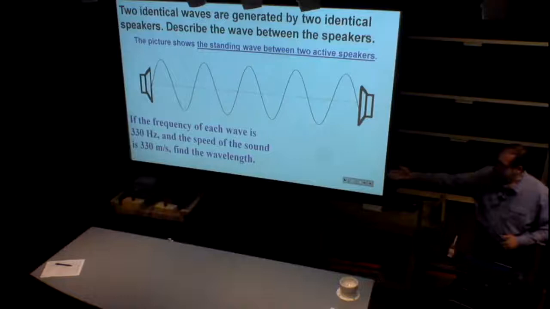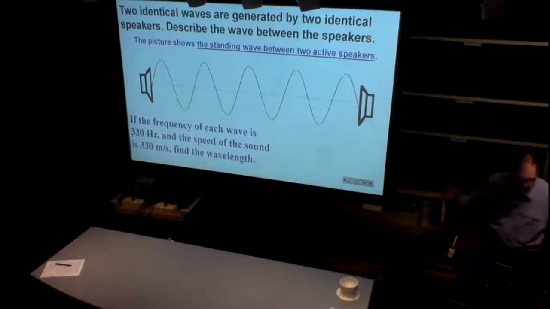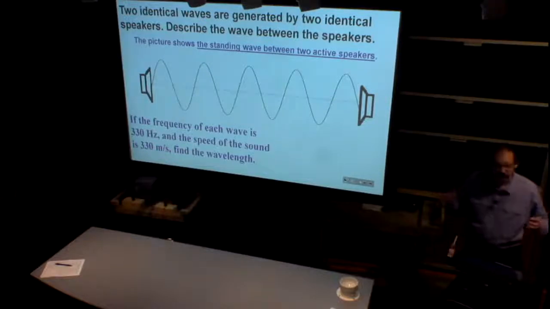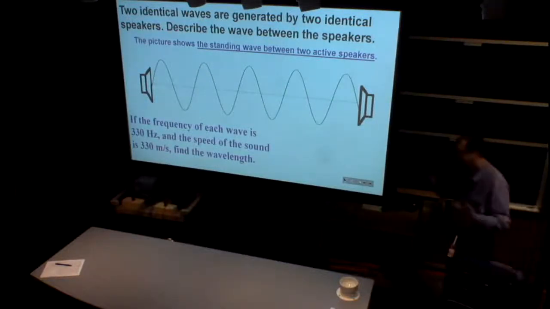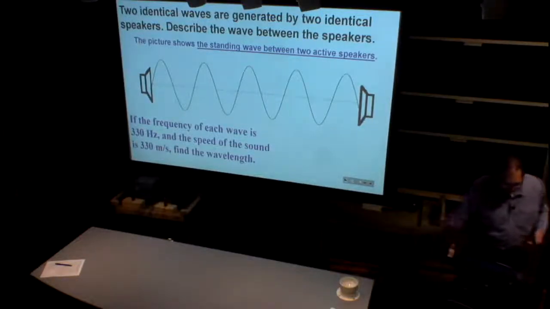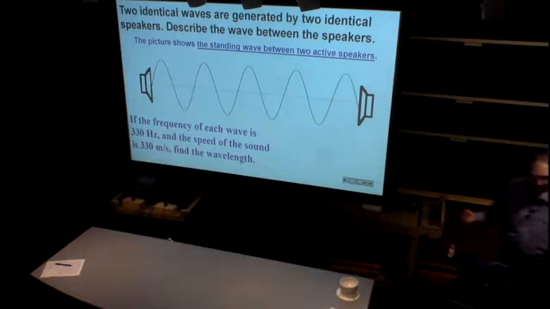In my specific experiment, the frequency was close to 330. The speed of the sound is a little bit lower than 330 normally, but it could have been 330 as well. Now we need to calculate the wavelength.